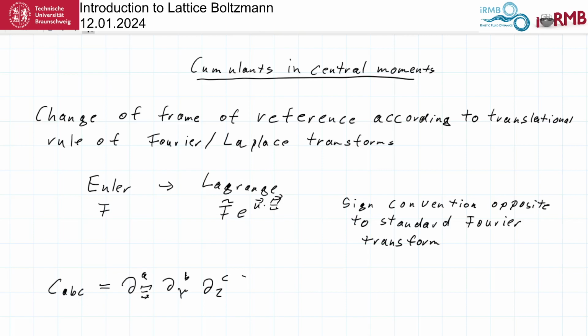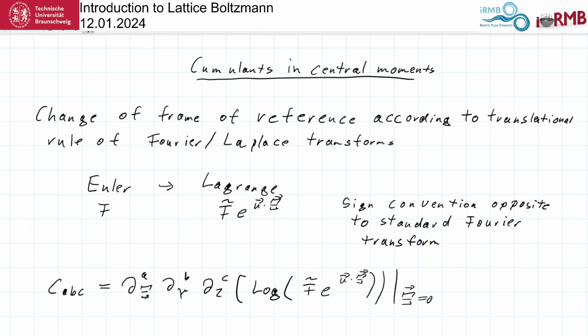So what we have to do is we take the logarithm of the transformed moment generating function that comes with e to the power of u times xi, and we evaluate the entire thing at the position xi equals 0.